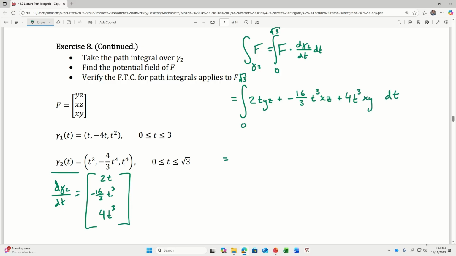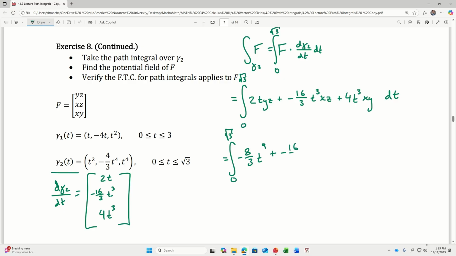And then, of course, I got to replace all the x and y's and z's. And the y is going to be negative 4/3 t to the 4th. The z is going to be t to the 4th. So that's altogether t to the 9th power. And 2 times negative 4/3 is going to be negative 8/3.